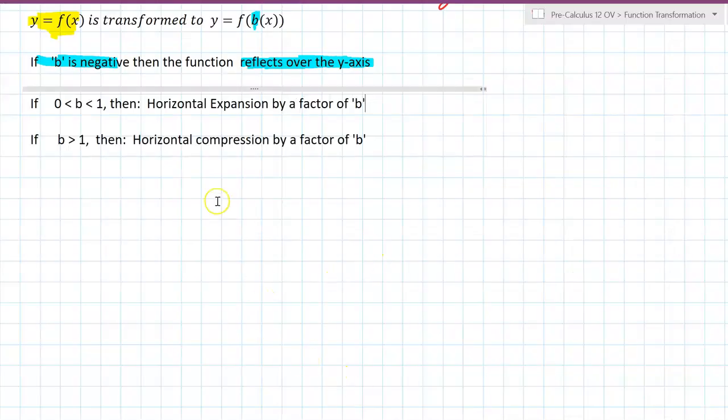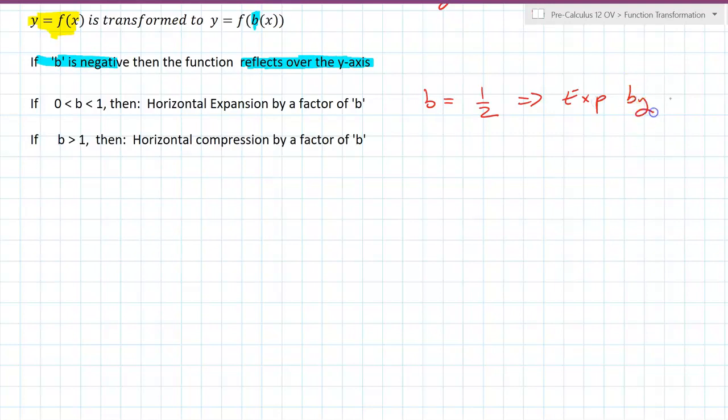So here it is. If we have a b value between 0 and 1, we get a horizontal expansion by a factor of 1/b. Remember that b is a fraction. For example, if b is 1/2, the expansion will be by a factor of 2. It's very important that you see that.